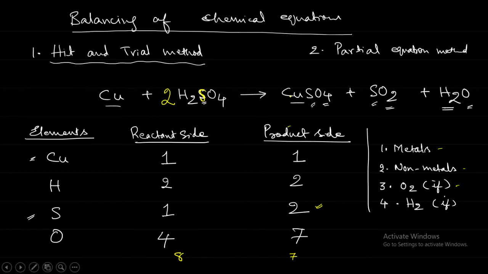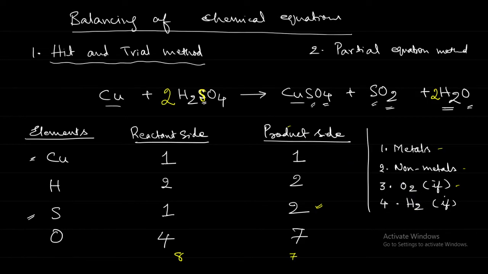So to balance, we can put 2 before H2O. Then it becomes 2 plus 2 is 4, 4 plus 4 is 8. In this way we have balanced the oxygen.